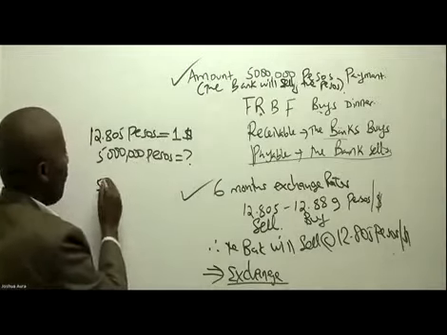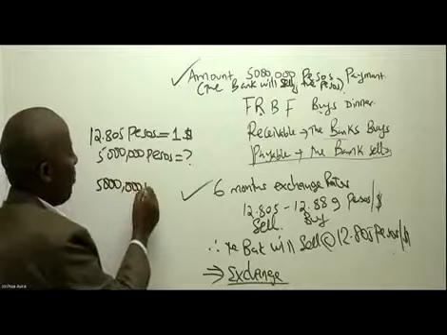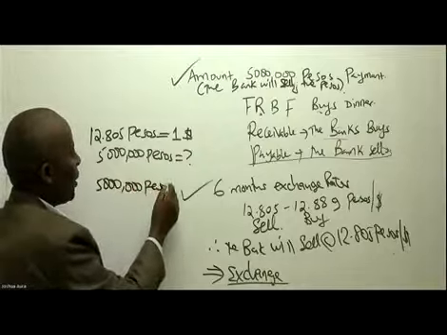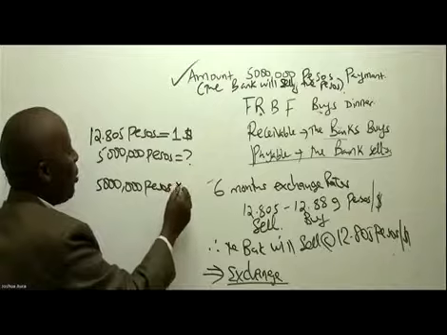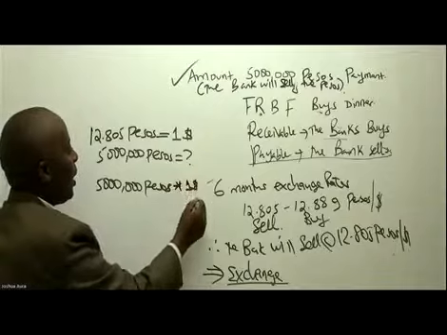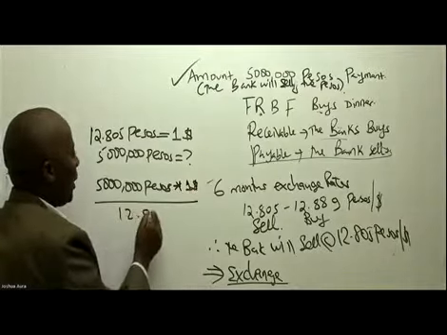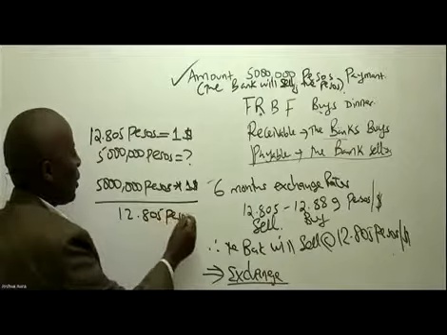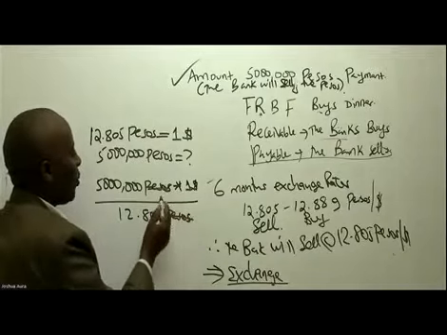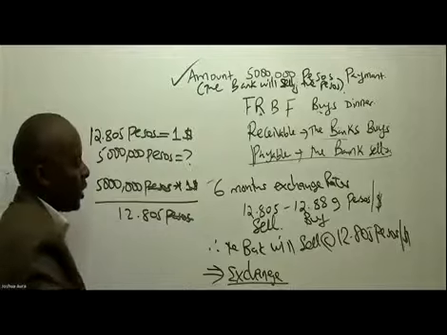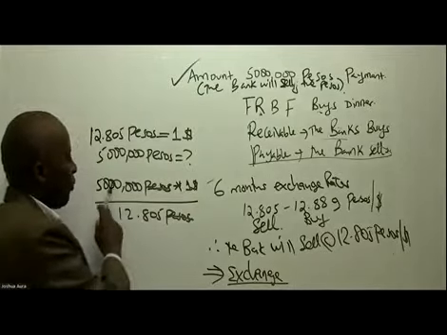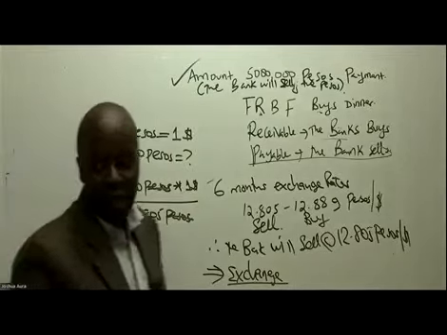So it will be 5 million pesos times $1 all over 12.805 pesos. So the pesos will cancel out, leaving me an answer which is in the form of dollars. So 5 million divided by this gives me what figure?